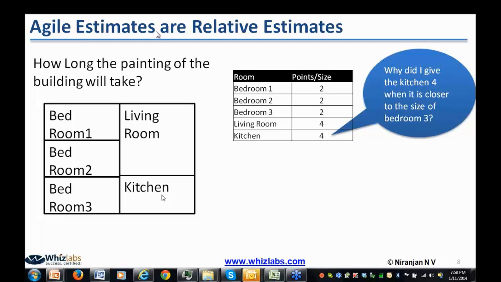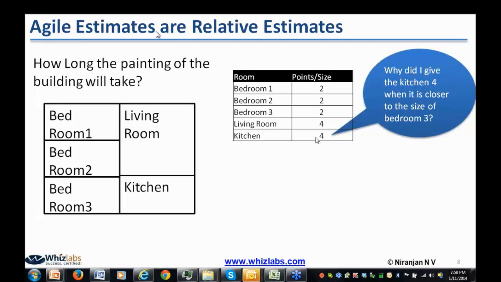So the complexity of painting the kitchen is more than the living room. That is why even though the kitchen is smaller in dimension, the effort will be equivalent or more than the living room. That's why I have given 4.